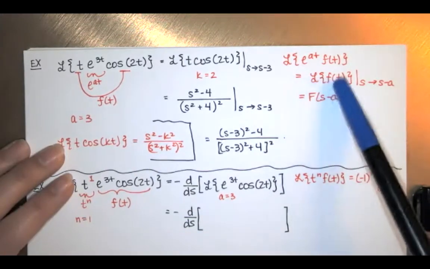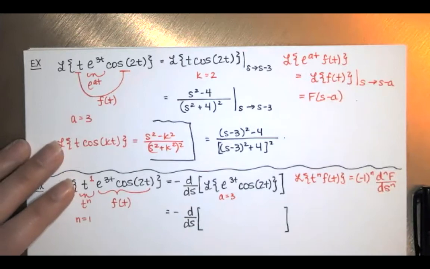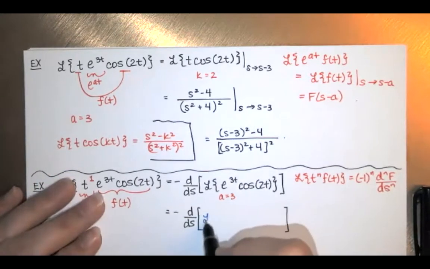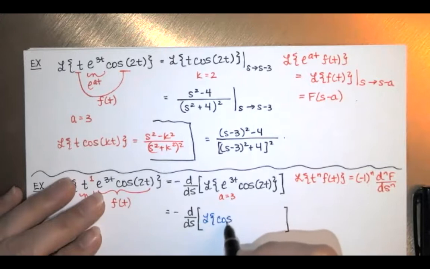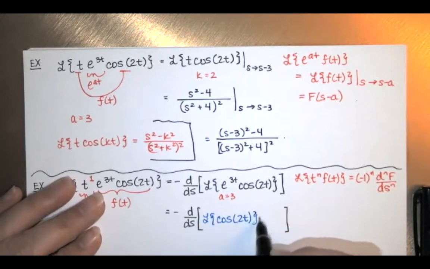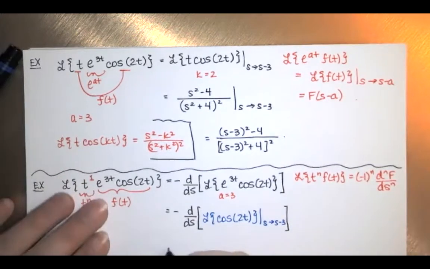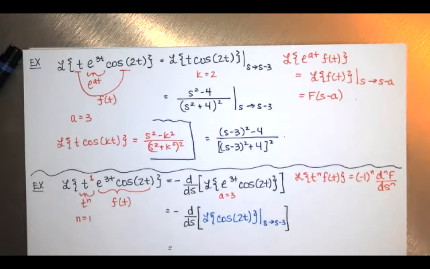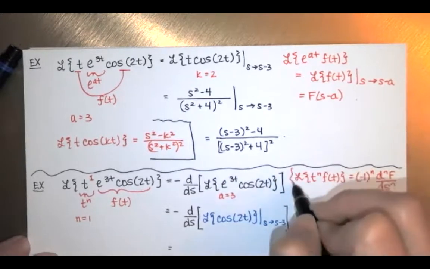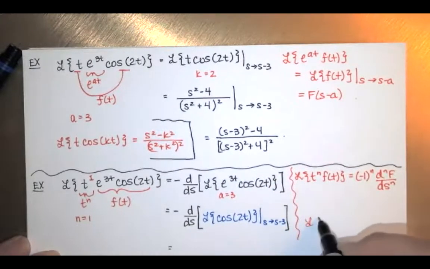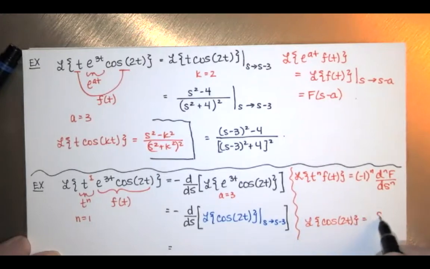We'll get the Laplace transform of cosine of 2t, and then we're going to replace all of the s's with s minus 3's. Well, according to our table, the Laplace transform of cosine of 2t is s over s squared plus k squared, where k is 2, so we're going to have 4.